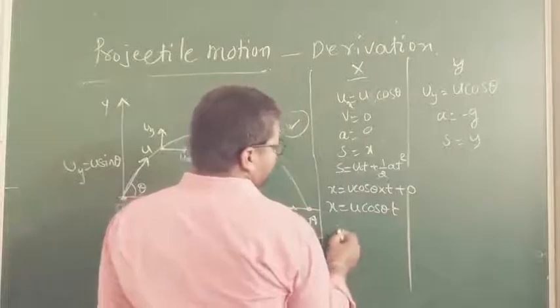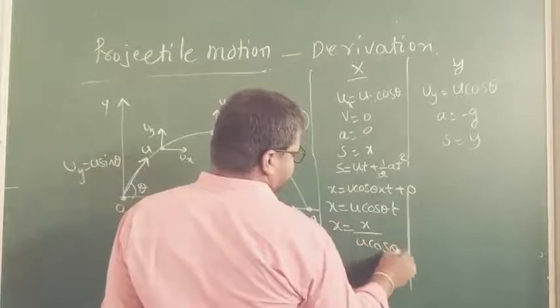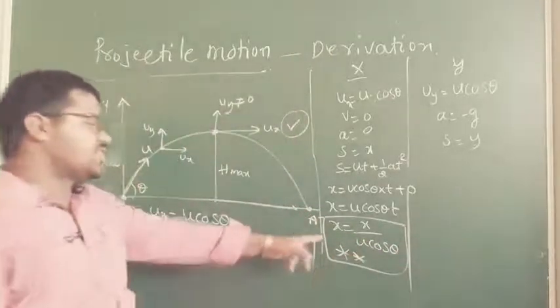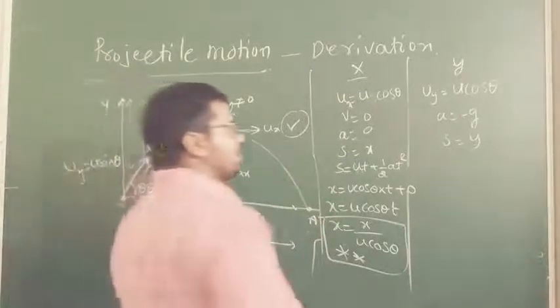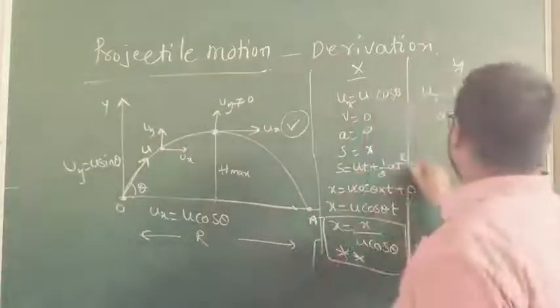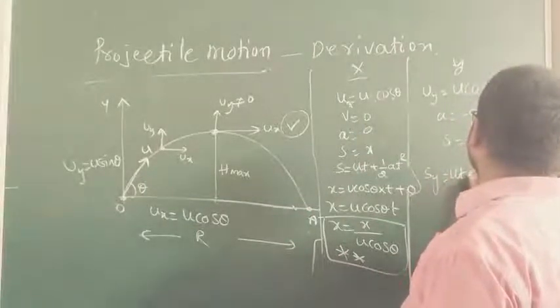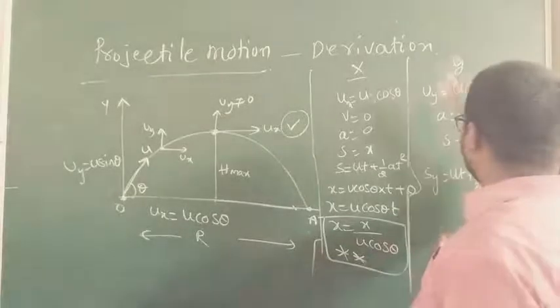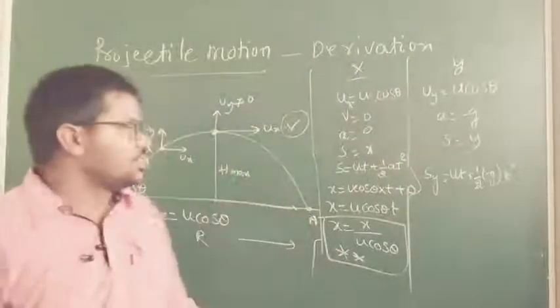Then t is equal to x by u cos theta, which is very important. Using this, we can substitute this value on the right side for the vertical motion: sy is equal to ut plus 1 by 2 into minus g t square.